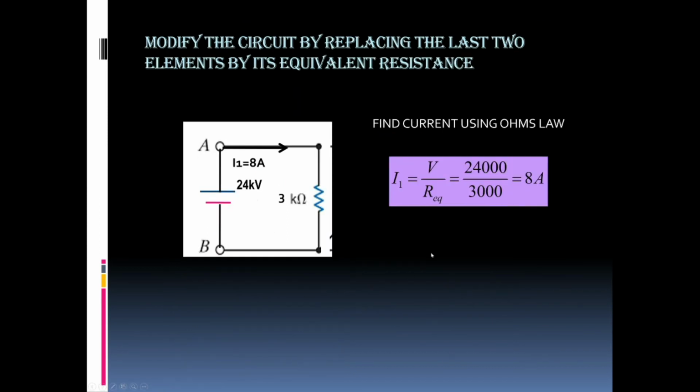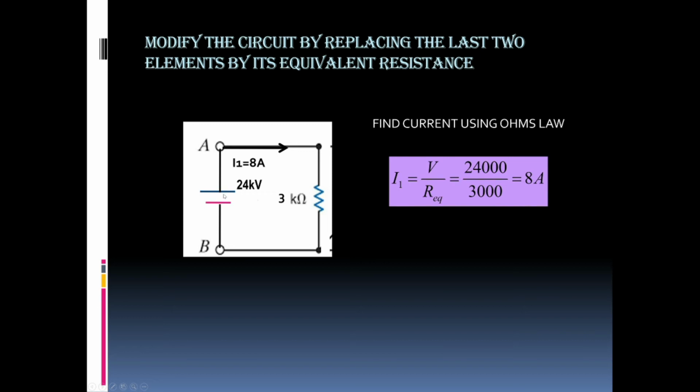Now we got the final circuit, the last equivalent resistance. So we replace those 6 kilo ohm resistances with the 3 kilo ohm equivalent resistance. Now it's very easy to find the current because you just have one resistance and you know the voltage from the battery.